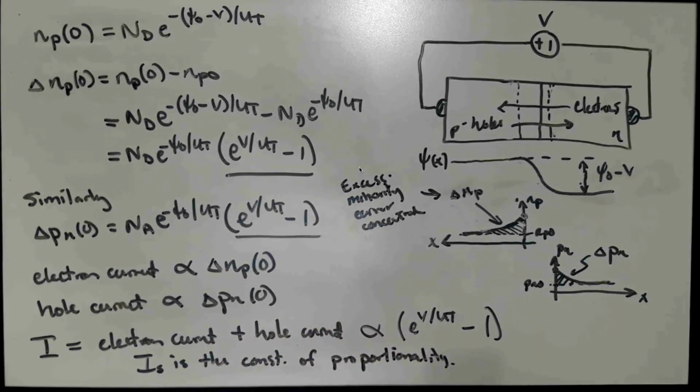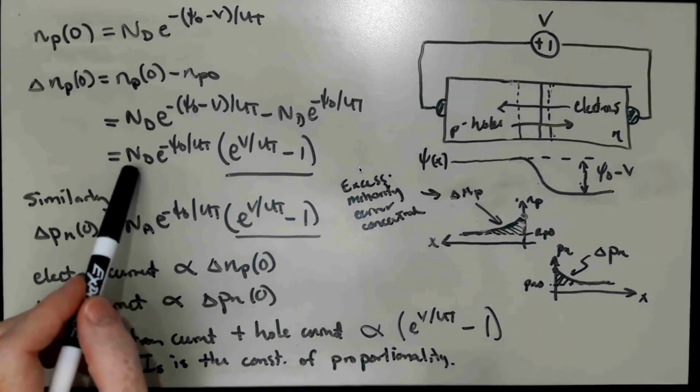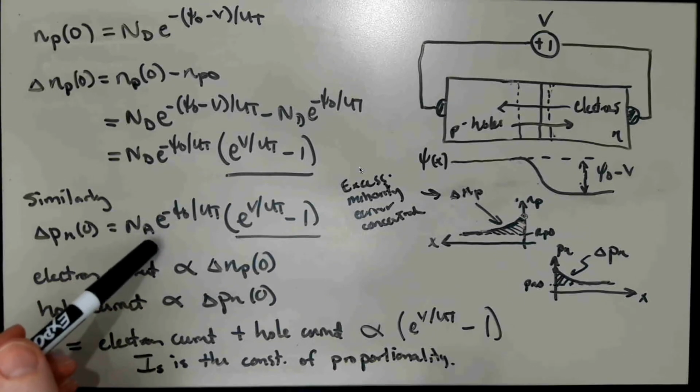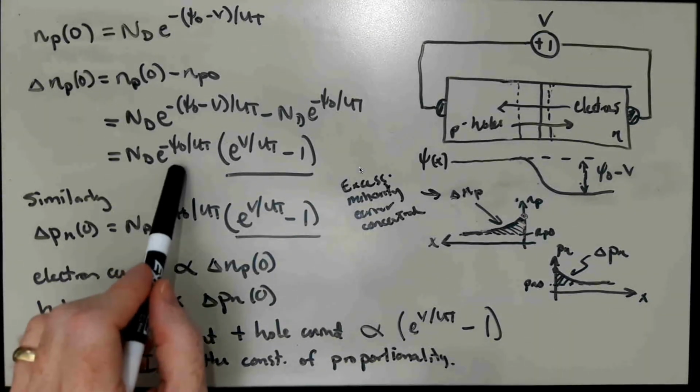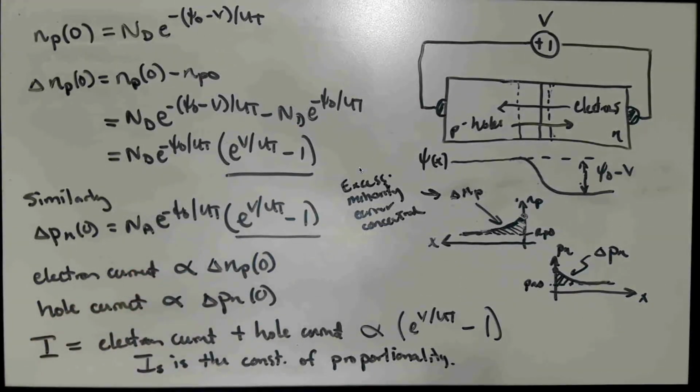So it's a current, it has units of amps. It has to in order to make the units work out. And it has a whole bunch of stuff in it. It's got diffusion constants for holes and electrons, and it's got the donor concentration, the acceptor concentration. It's got this exponential factor with the built-in potential in it.